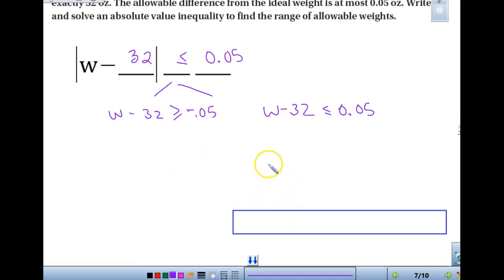This is an and, so a lot of times with the and, instead of writing the word and, we put the W in the middle, right? And our inequalities were less than or equal and greater than or equal. So when we added 32, we had 32.05. And when we subtracted, we were left with 31.95. Watch the decimal place. Okay?